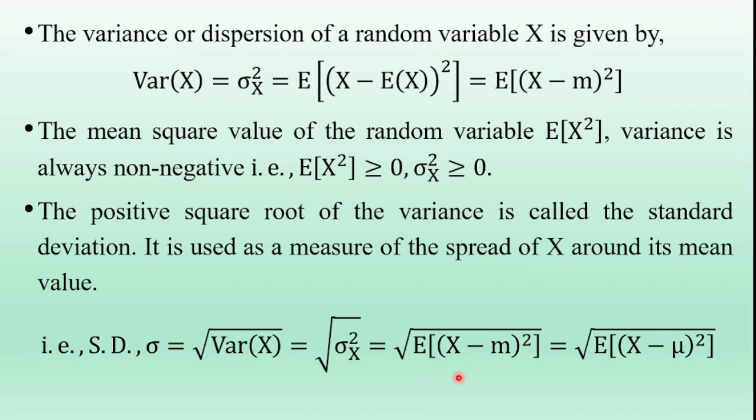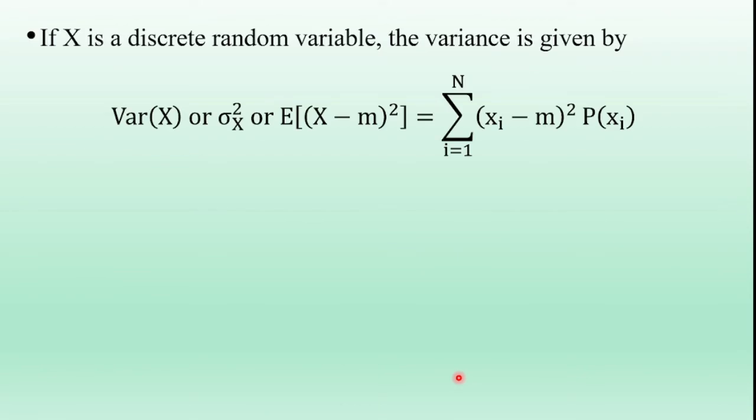For the discrete case and the continuous case, the variance of the random variable is defined as follows. If the random variable X is a discrete random variable, the variance of X, or expectation of (X minus m) whole square, is equal to sigma over i equal to 1 to n of (xi minus m) whole square into probability of xi.